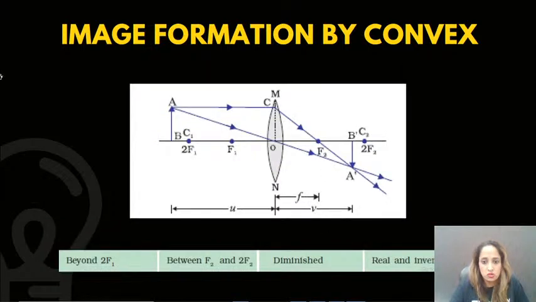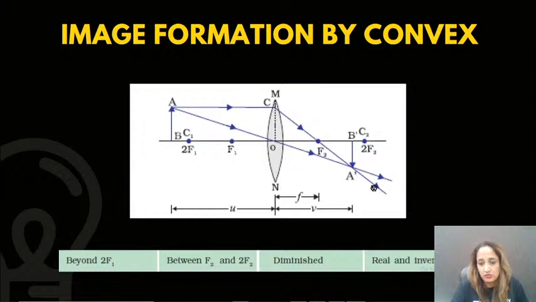Case number 2. The first one was infinity, where the rays are coming from infinity. This is our case number 2, where the object is placed beyond 2F1. Okay, over here. This is the ray which is passing through the optical center, that is what you will draw. And second, this is the ray which is parallel to the principal axis. After refraction, that we have learned in the previous slides, this will pass through the principal focus, again F2.